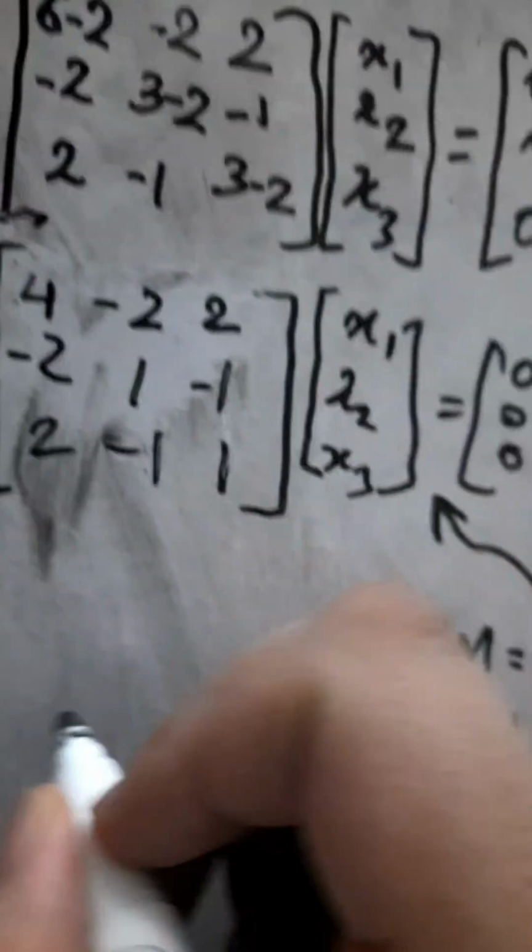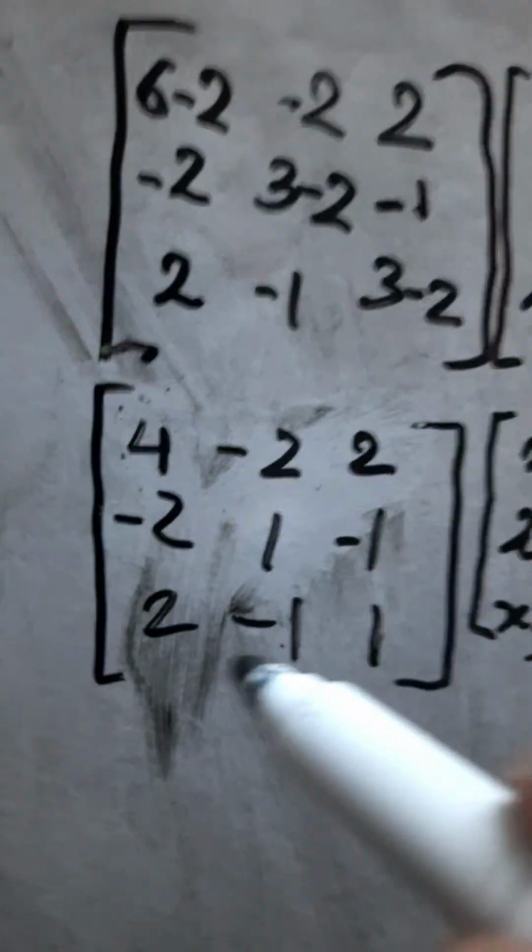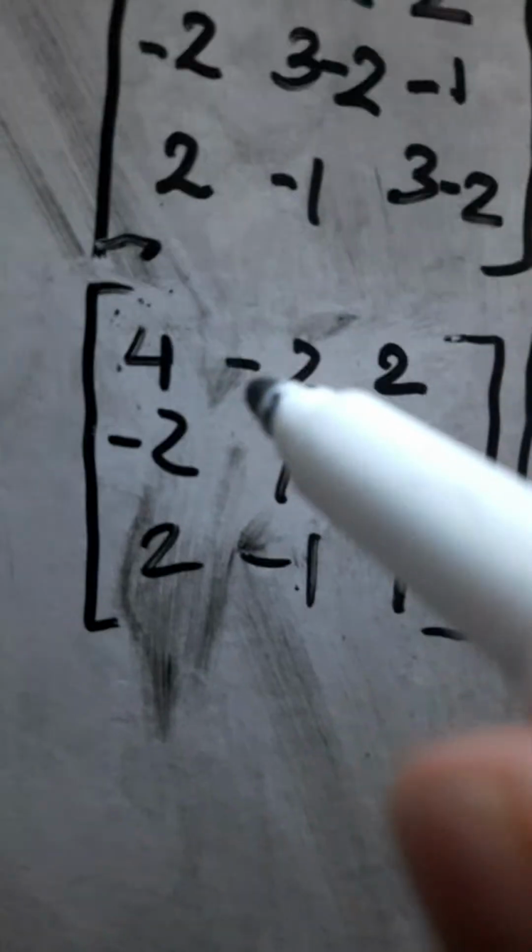So let's go with the row operations. Since these are the same, just multiply by 2. So what we can make 0, we can make these 2 zeros, I guess.